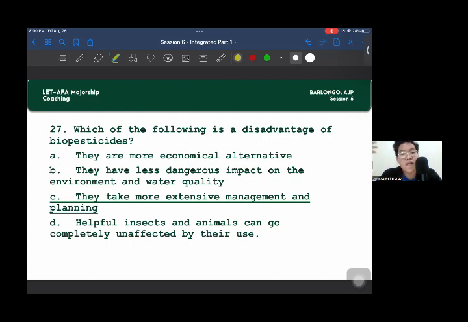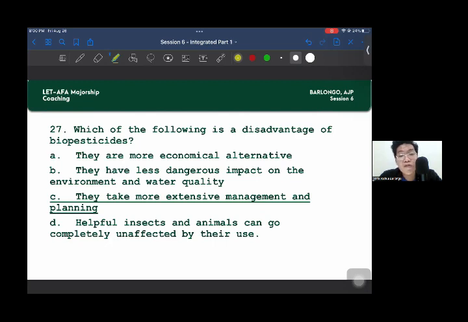So, yeah. Next is they have less dangerous impact. Ayun naman yung isa pa sa mga advantage naman ng biopesticides na since organic sila or bio, they are derived from biological elements. For example, crops, fruits, plants, ganyan.